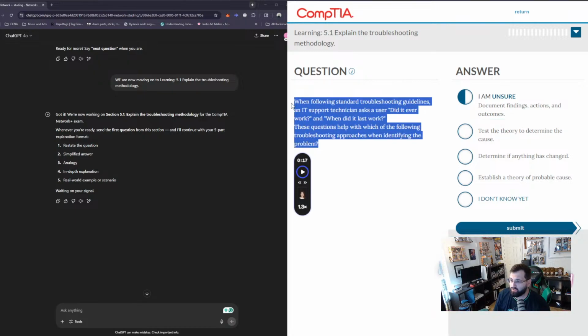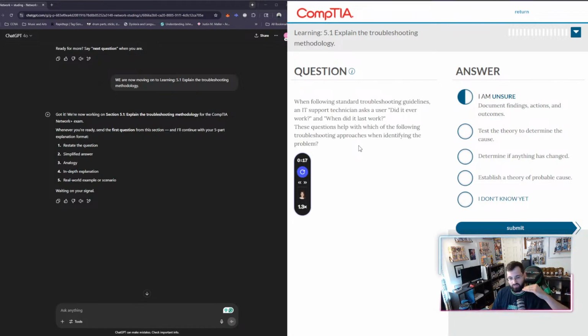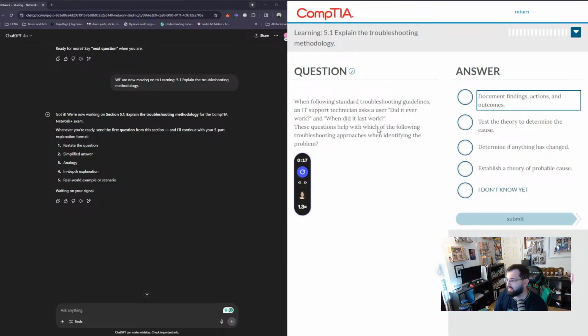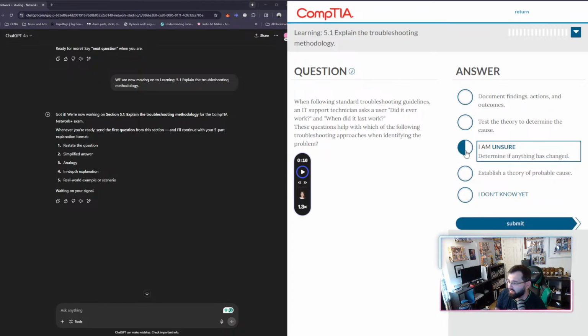So this is obviously talking about some type of methodology, a series of steps and a hierarchy in order to do this. So I think what we're trying to do here, did it ever work and when did it last work? Determining if anything has changed. I think it's determining if anything has changed because I'm establishing if it had ever worked, and if it did, when was the last time it worked?